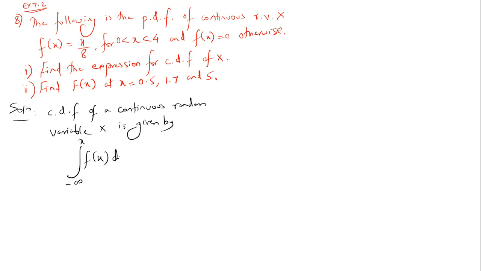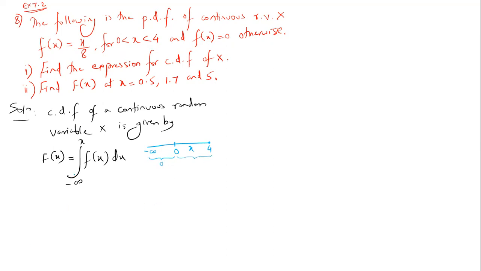So this is how it is defined. This is also represented by a capital F of x. In the question we have been given that the function is defined from 0 to 4, that is x lies between 0 and 4, and if I go till infinity, minus infinity, here it is 0. So it is defined only in this interval, and the function in this interval is given to you.